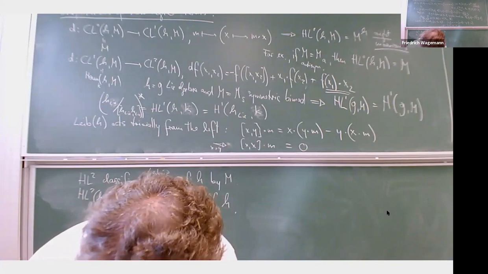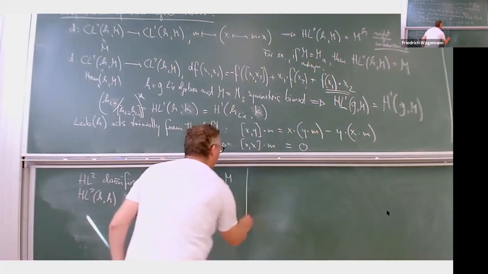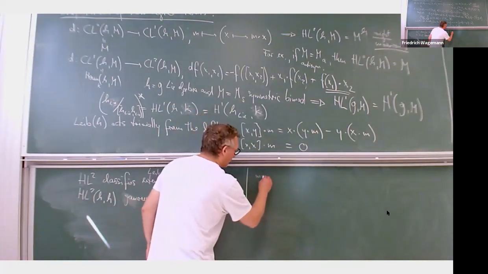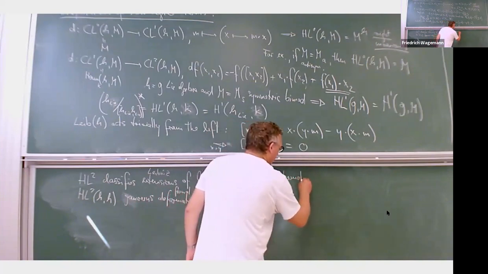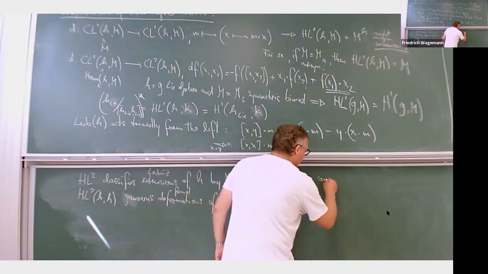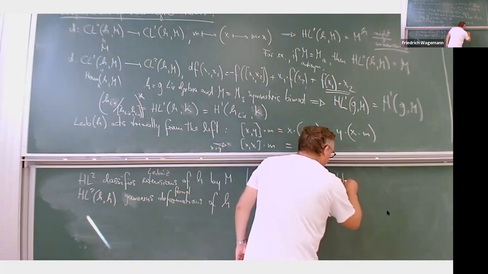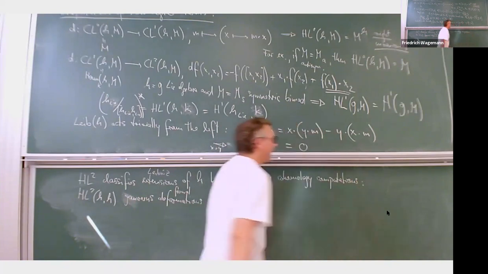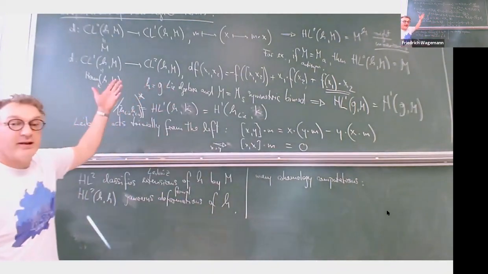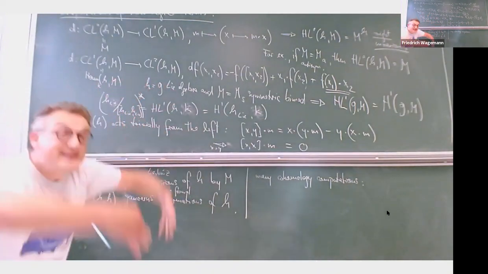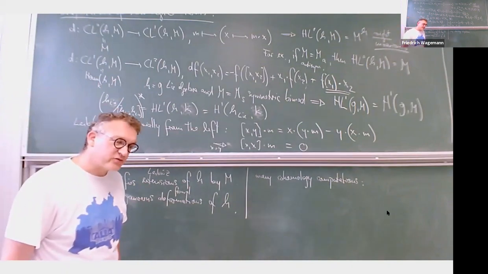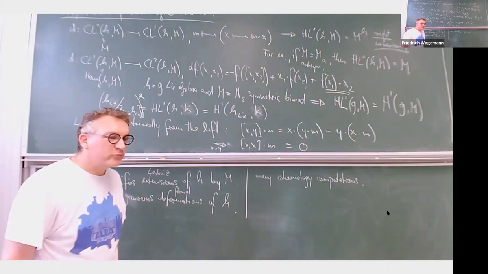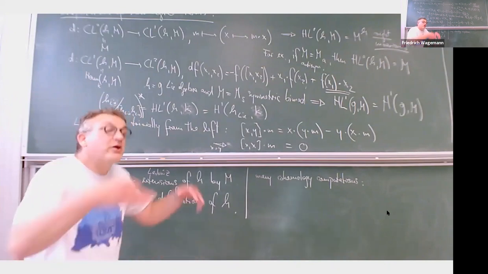And so, as I told you already yesterday, the first cohomology computations have been on the Leibniz cohomology of Lie algebras. Yeah? In the beginning, Loday and also Pirashvili were only interested in the Leibniz cohomology of Lie algebras.